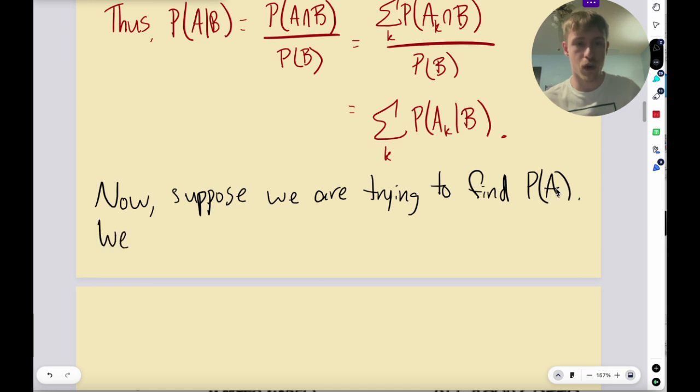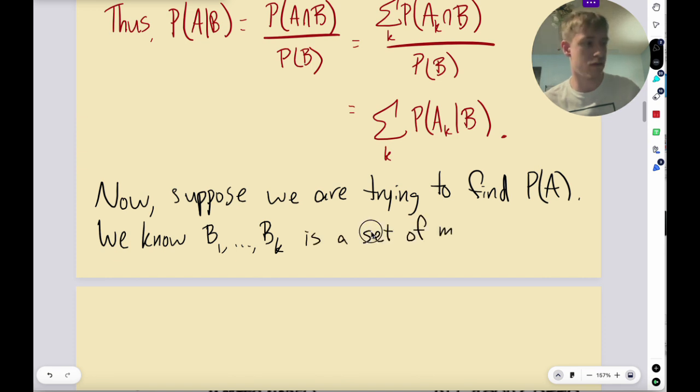So, what do we know? Well, suppose we know that B sub 1 through B sub k is a set of mutually exclusive events.